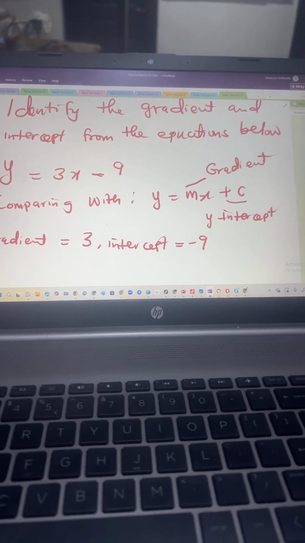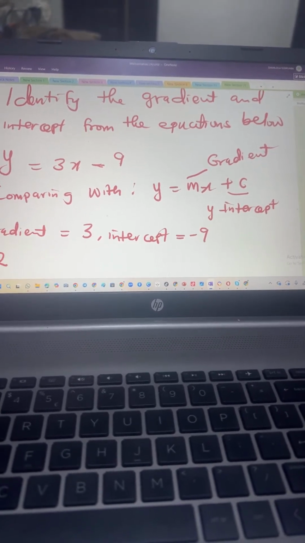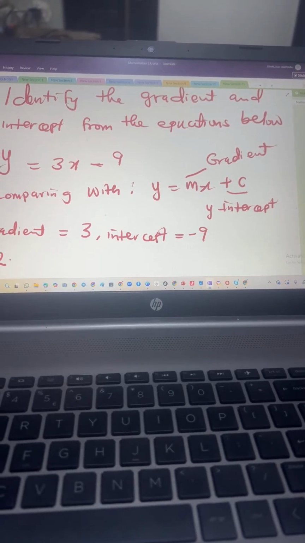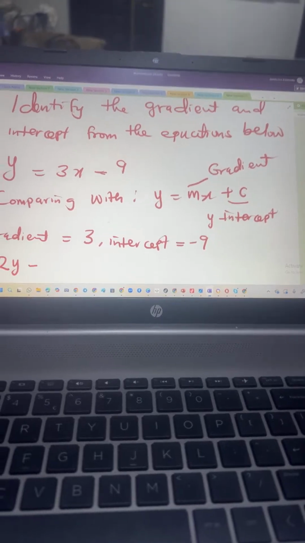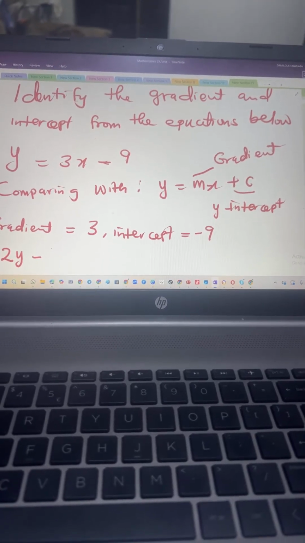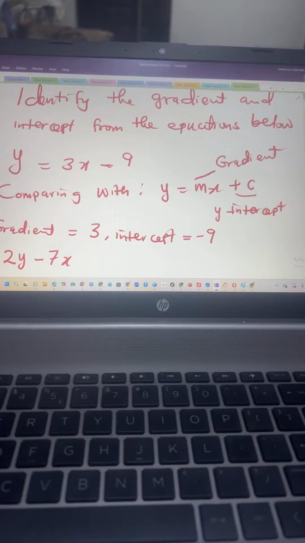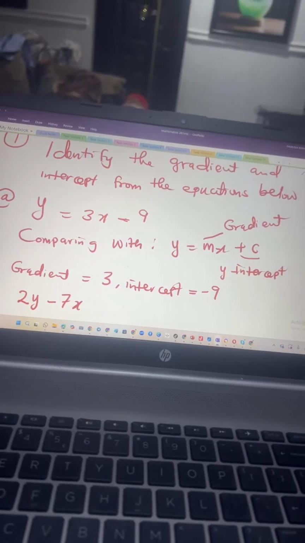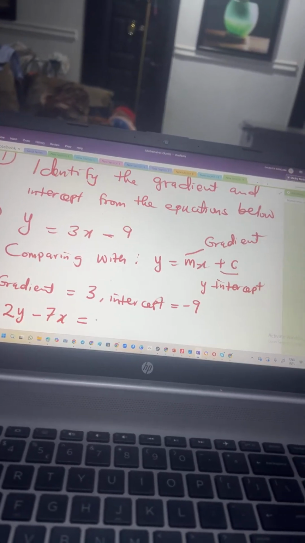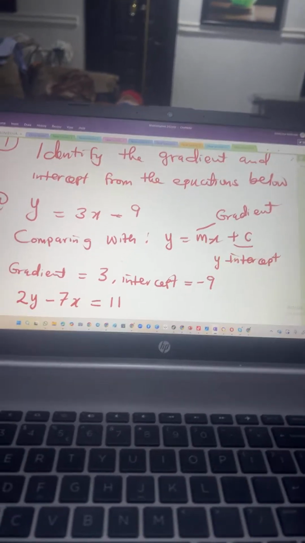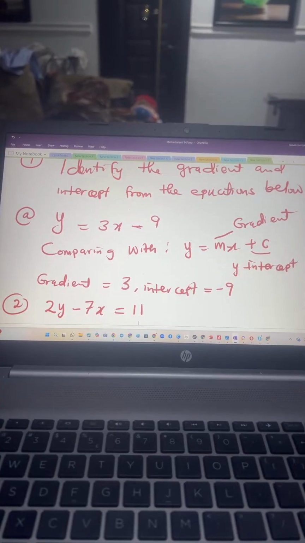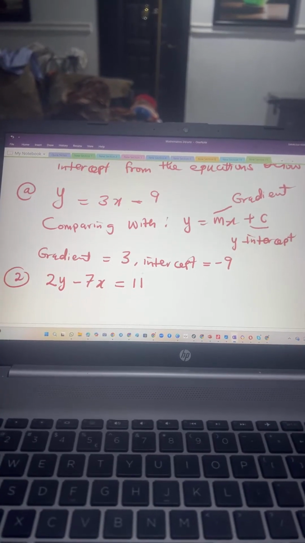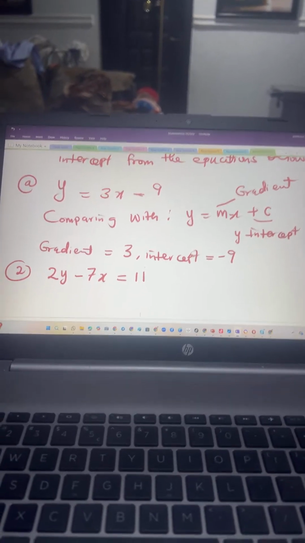So we have 2y minus 7x equals 11. That is question 2. Question 2 is 2y minus 7x is equal to 11.